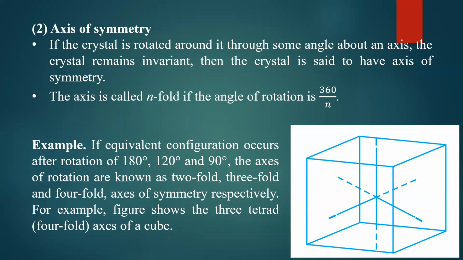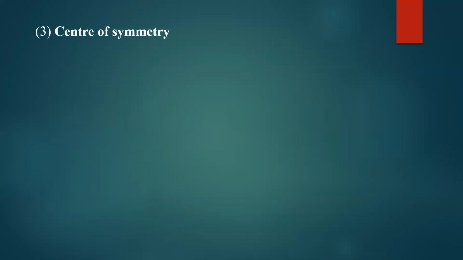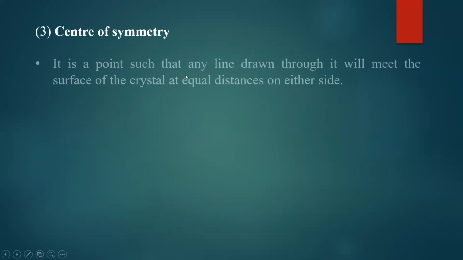So the cube has 3 4-fold symmetry axes. After every 90 degree rotation, it gives you the equivalent configuration. In one complete rotation, it gives you 4 equivalent configurations. Are you understanding? Then we will complete this finally.